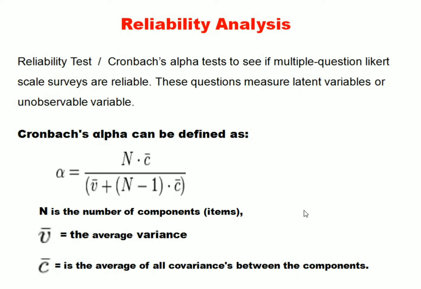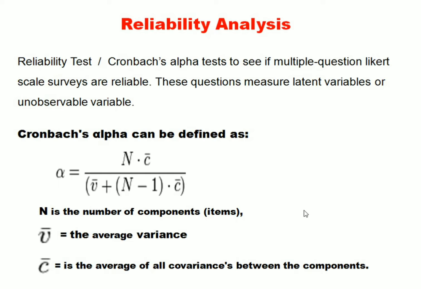Suppose we have 10 questions in one factor. All these 10 questions tell about the particular factor. For example, I am testing awareness level using 10 different questions. So here the unobserved variable or latent variable is awareness level.